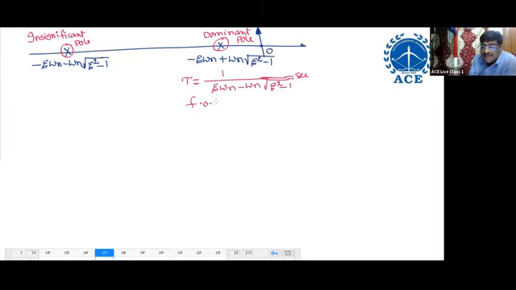Frequency of oscillations equal to 0. The system is 100% stable. Now find C of t, all of you. You find the C of t.